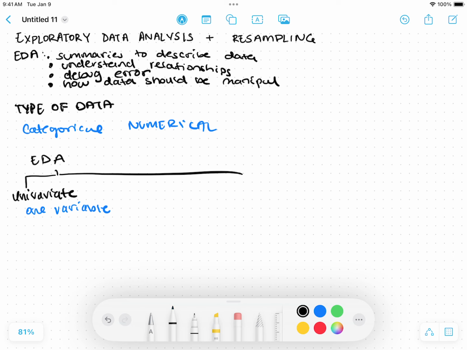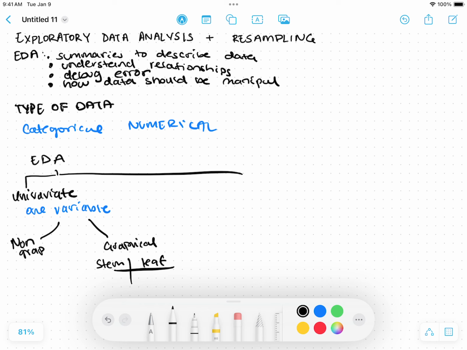And this can be further broken down into non-graphical or graphical. An example of a graphical method for univariate is stem and leaf plots, right? And this is going to just describe the distribution and display the data that we have, thereby summarizing the data.